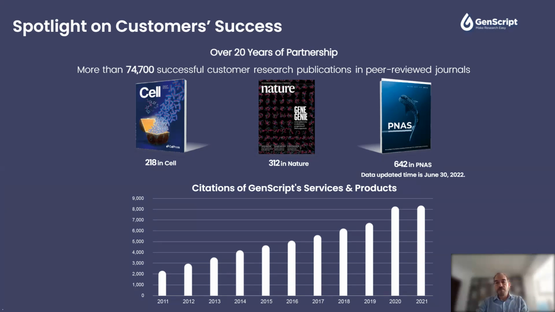Here are some examples of customer success stories, customers publishing and citing the GenScript services or products. In the last few years, we had over 8,000 publications, many of them in very reputable journals. Our customers had very good publications in many reputable journals, citing the GenScript services or products.